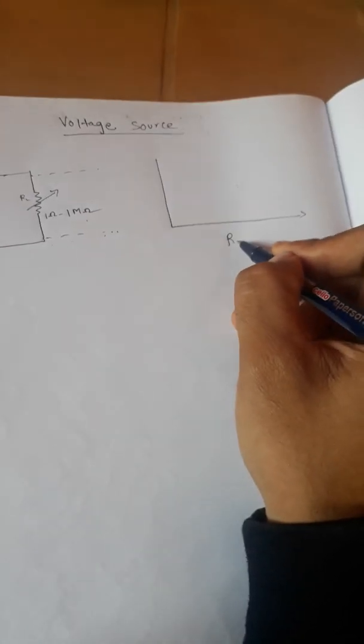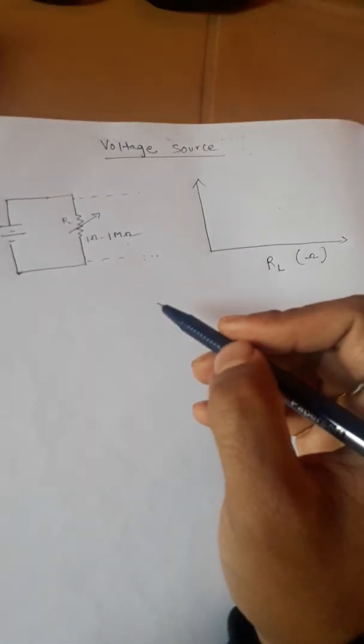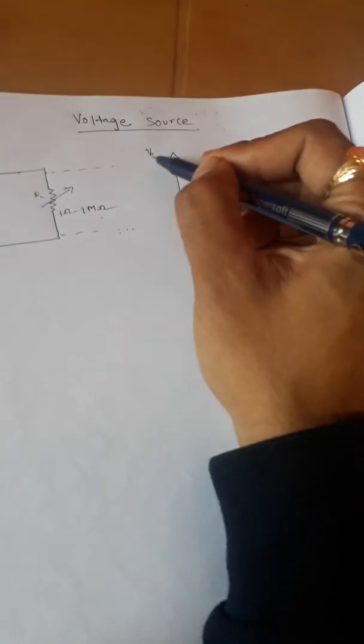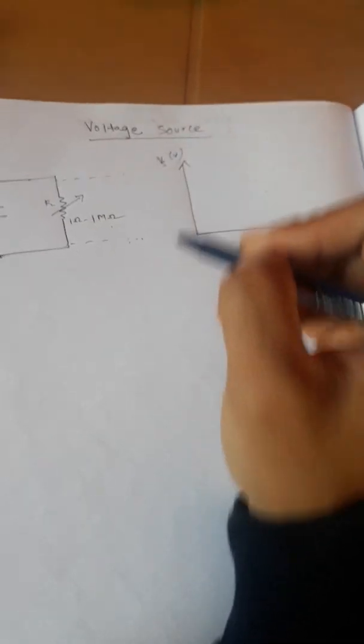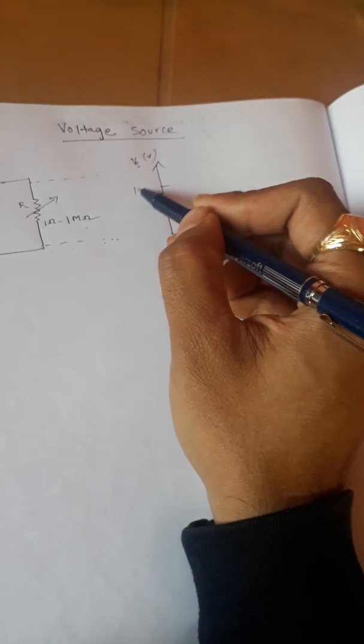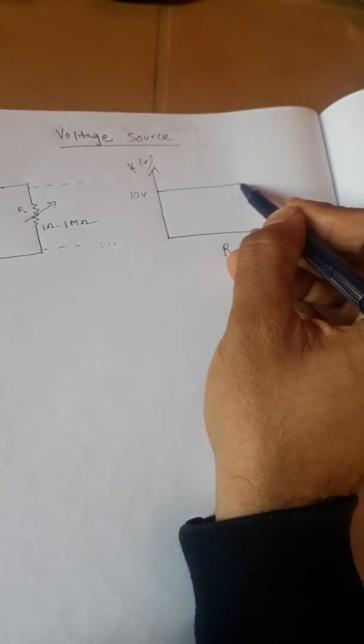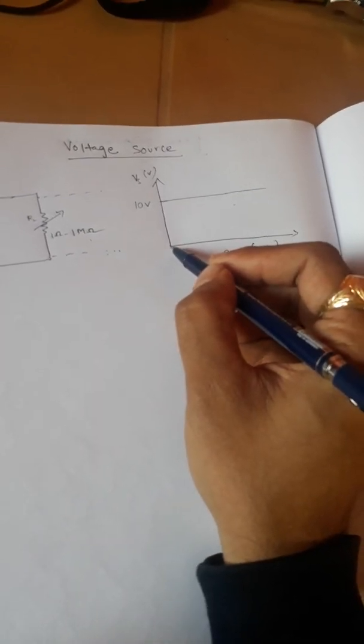If I plot load resistance, in ohm, versus source voltage, in volt, and for example this is the 10 volt that I am already getting at the output, so I will get a constant 10 volt regardless of whatever ohm we apply.